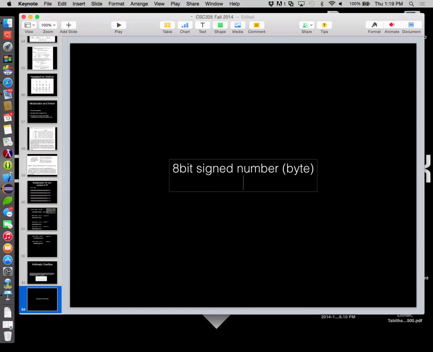So if it's signed, the smallest number is this guy. That is, the sign bit is the 1. I'm going to put a space after the sign bit. So the smallest number is what? What's the biggest number? Is that the biggest number?